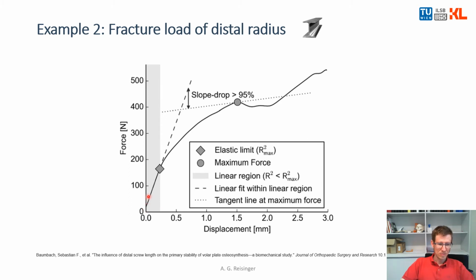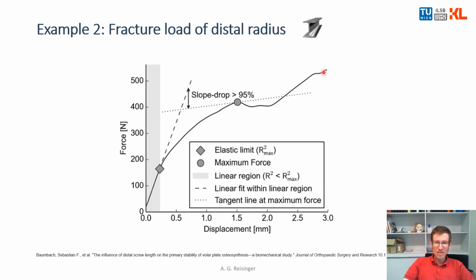So in the beginning you have the usual linear elastic region, and then at some point the slope is dropping, and then here you have your first local maximum. It's very likely that this comes along with some fracture noises, and then here the force was rising again.